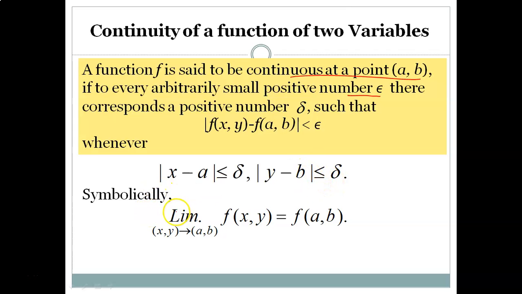Symbolically, the situation can also be written like this: the limit of function f(x, y) as (x, y) tends to (a, b) is equal to f(a, b).